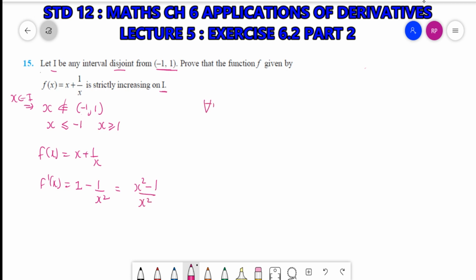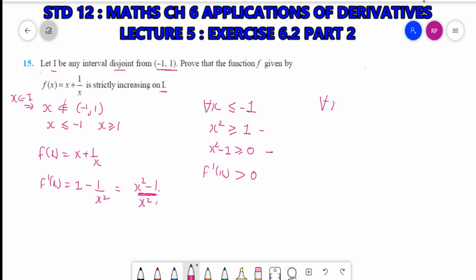Now for every x less than or equal to minus 1, I will write down x square greater than or equal to 1 because when I take square it will become positive. Okay, that means x square minus 1 greater than or equal to 0. See, now when I consider this f dash x, numerator x square minus 1 greater than or equal to 0, denominator x square greater than 1, that means greater than 0. That means f dash x is greater than 0.